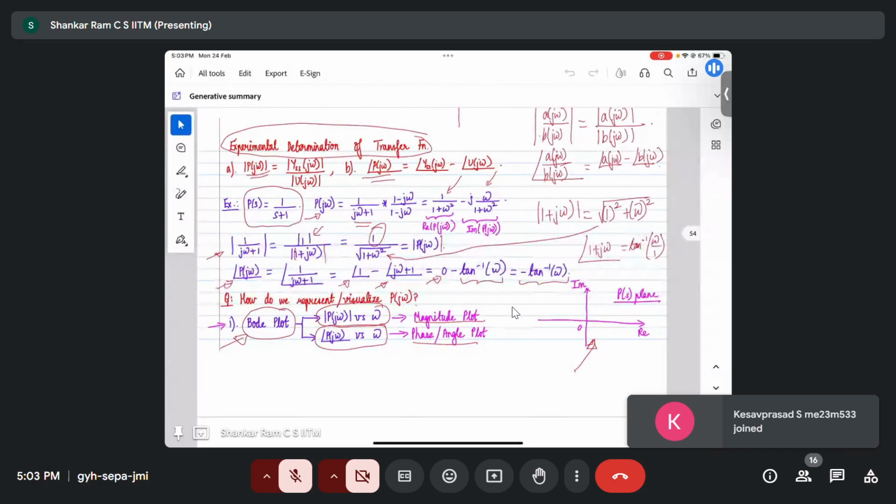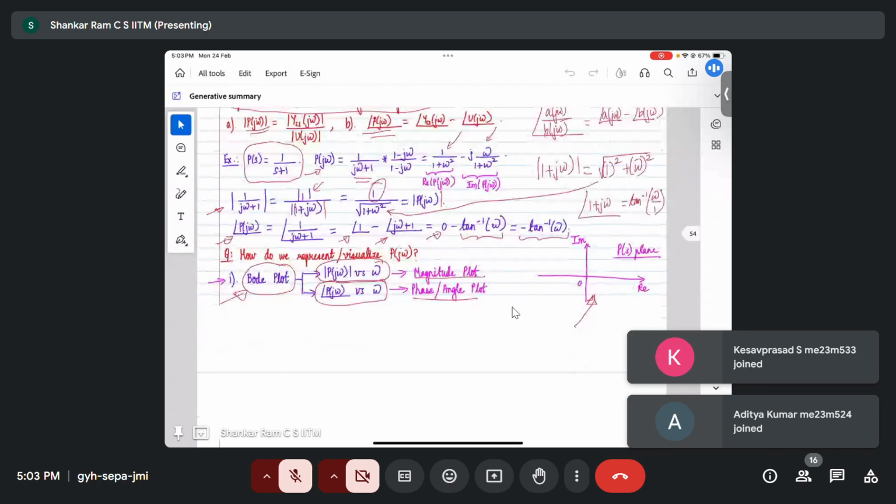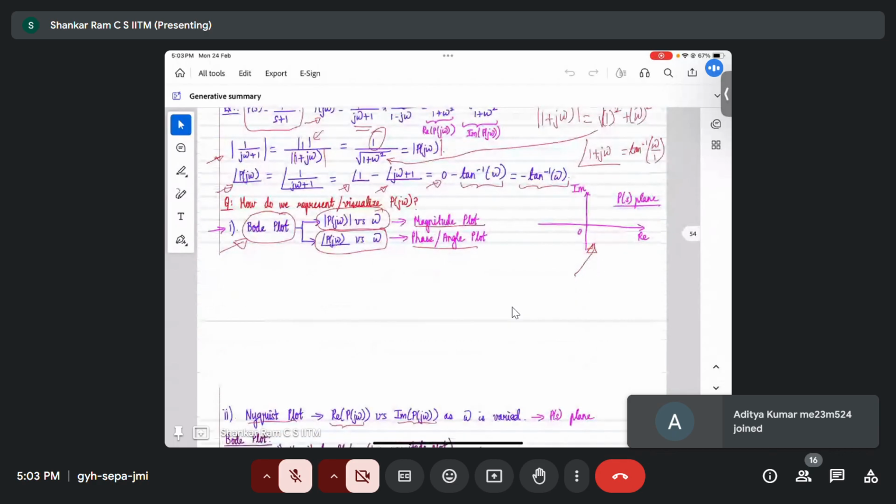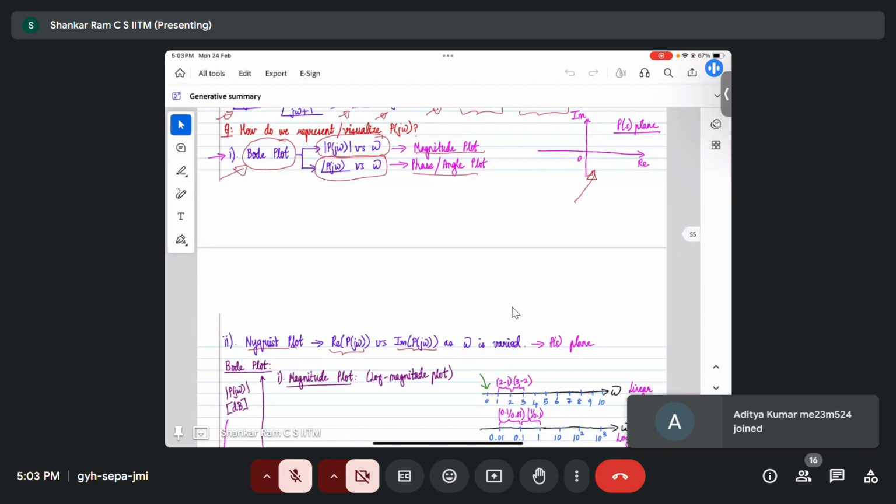So what we do is that we started off with what is called the Bode plot, because P of j omega is a complex quantity. It has a real part and imaginary part, or alternatively, it has a magnitude and a phase.